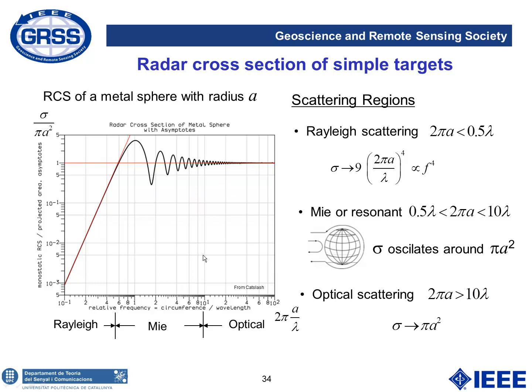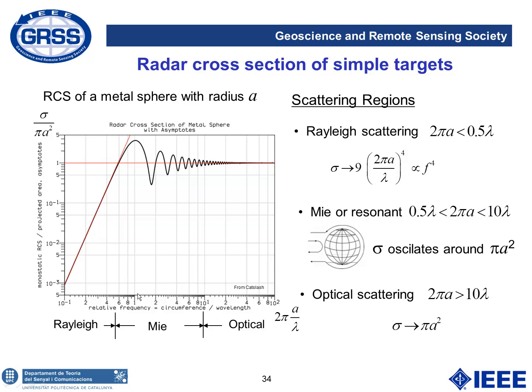What is plotted here, on the vertical axis of this graph, is the radar cross-section, which is, if you want, the radar brightness, divided by the geometrical cross-section of the sphere, πa², and this is represented with respect to the electrical size of the sphere, which is plotted in terms of the sphere perimeter divided by lambda.